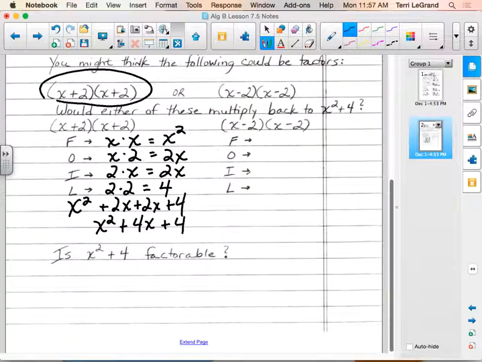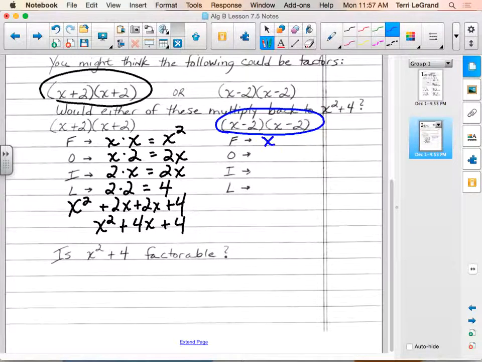Because if they both had subtraction signs, like let's do this one right here, Trey. Maybe this will answer the question. If we say that x minus 2 times x minus 2 should work because, you know what, isn't a negative 2 times a negative 2 a positive 4? I'm kind of convinced, you know what, it's a plus 4 in the end, so I'm thinking a negative 2 times a negative 2, that's a positive 4, so why wouldn't this one work?